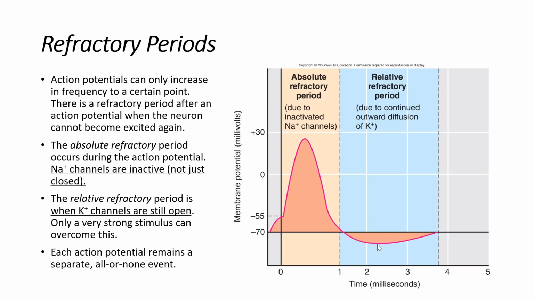So in other words, it's harder to depolarize a cell from -85 to +30 than it is to depolarize the cell from -70 to +30, but it's possible. It's just going to take a stronger stimuli. And so the relative refractory period is slightly longer. It's about a couple milliseconds after the actual ending of the action potential.